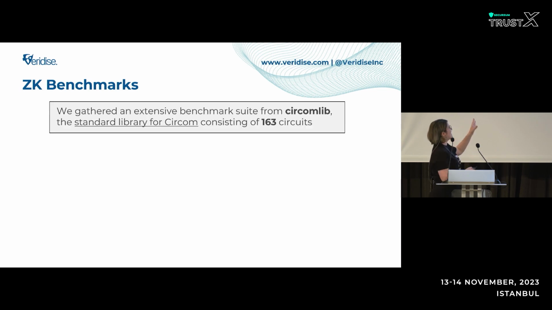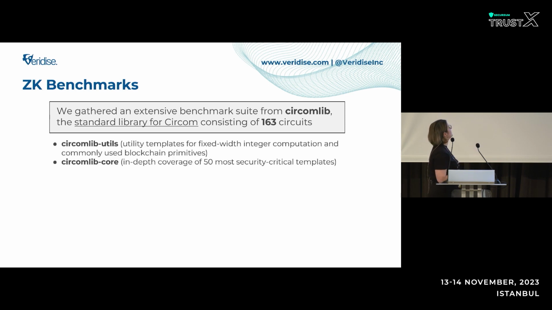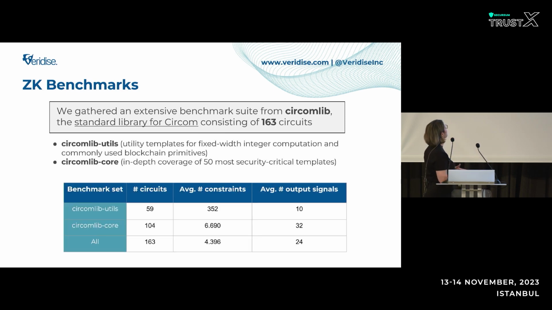Anyway, our Picus tool was tested on a few benchmarks, and we gathered some information from circuits from the circomlib, which consists of 163 circuits, and of course, we also gathered some examples from the circomlib utils and circomlib core, which covers 50 of the most security critical templates in Circom.